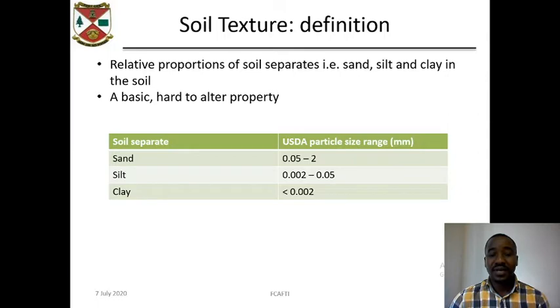For example, the United States Department of Agriculture, the USDA, classifies sand particles as particles that range in size from 0.05 to 2 millimeters, and silt are particles that range in size from 0.002 millimeters to 0.05 millimeters. And the clay are the smallest particles, which are less than 0.002 millimeters in size.